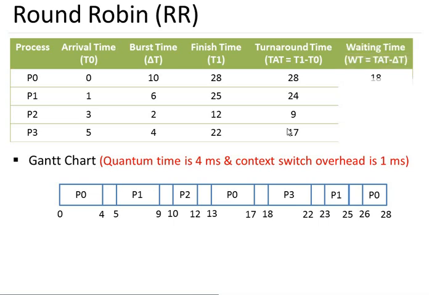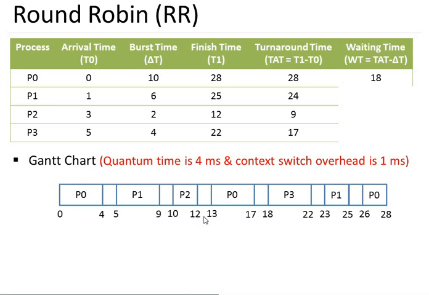After that, it's waiting time. We can see that in round robin scheduling, waiting time is more. Why? Because context switching is performed frequently over here. So for the waiting time of process P0, you can see it finished at 28, and how many units did it spend waiting?